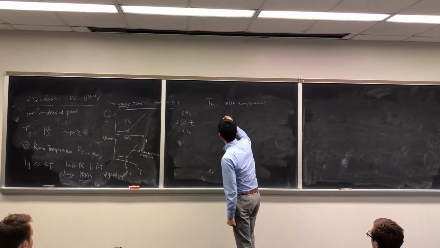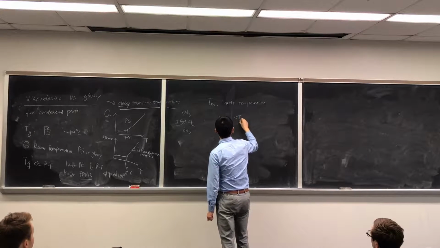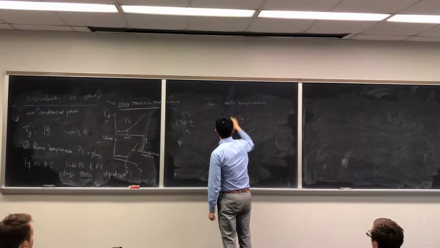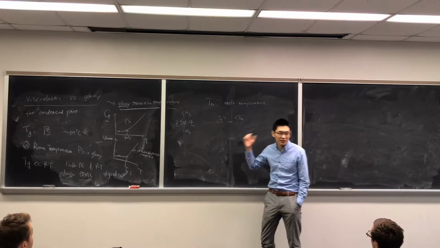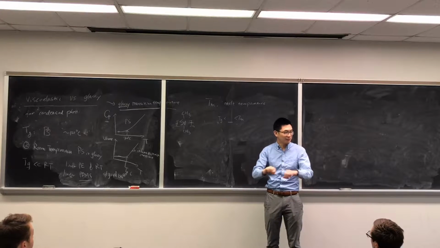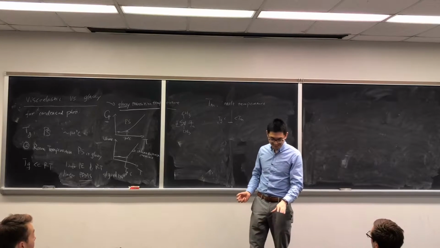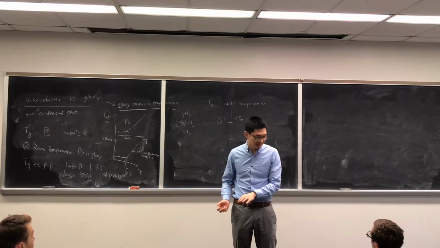So if you have a polymer that sits between Tg and Tm, this is a very special state. It is soft enough for you to bend it, twist it, a state called rubbery-like.